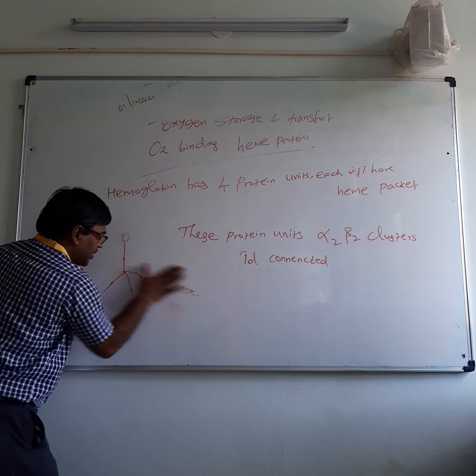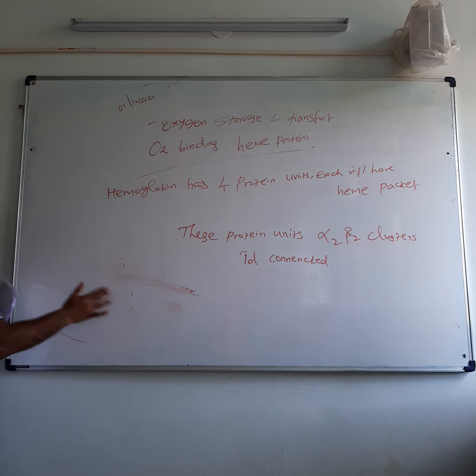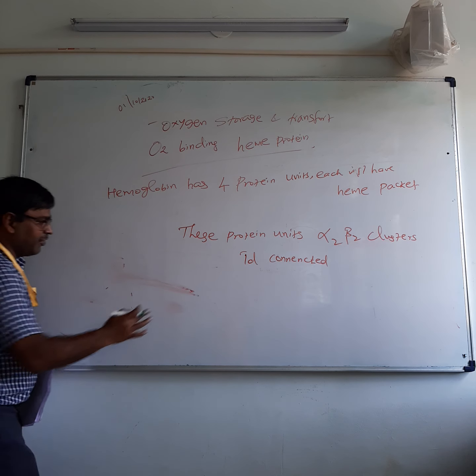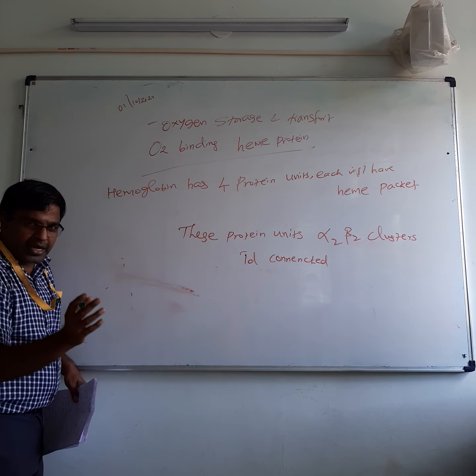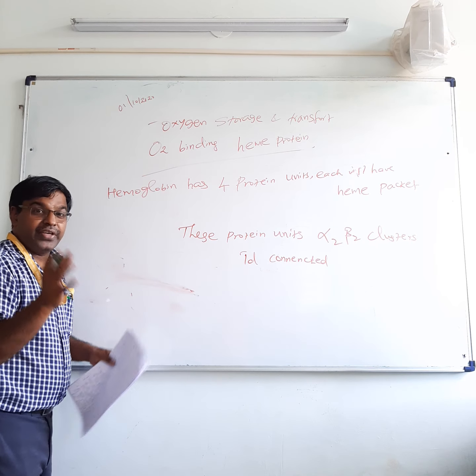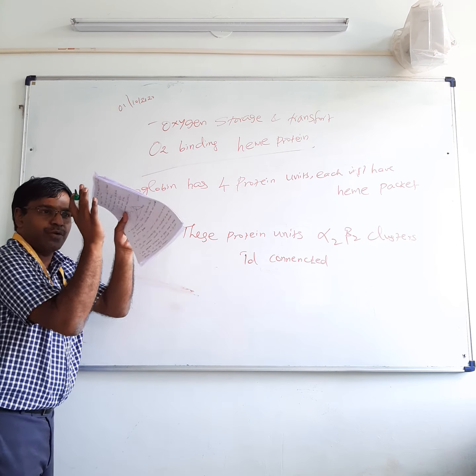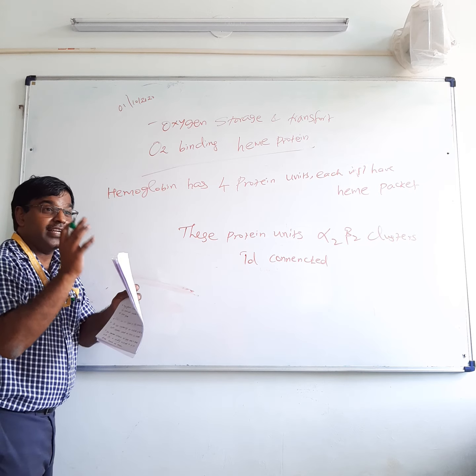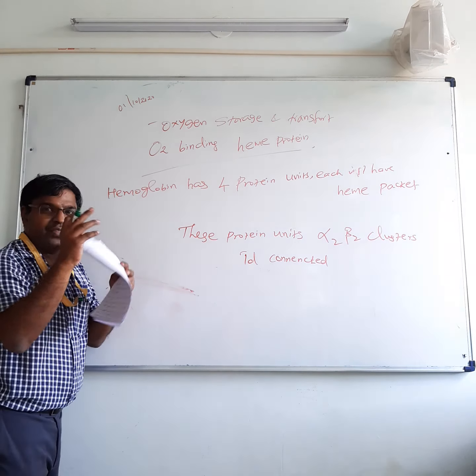Now, hemoglobin has 4 proteins: 2 alpha proteins and 2 beta proteins, arranged in such a way that it looks like a tetrahedral arrangement, and the end of each protein unit has a heme pocket.